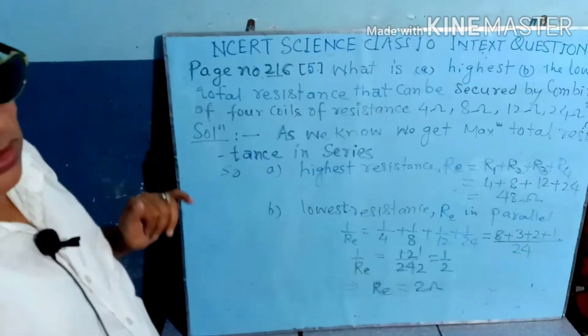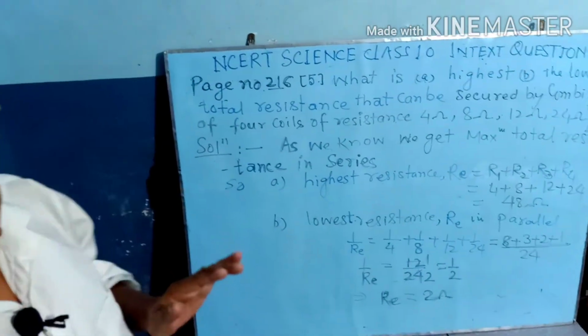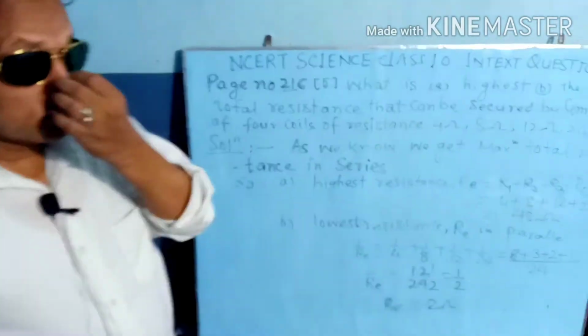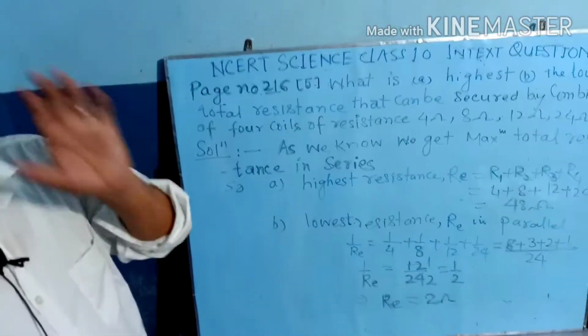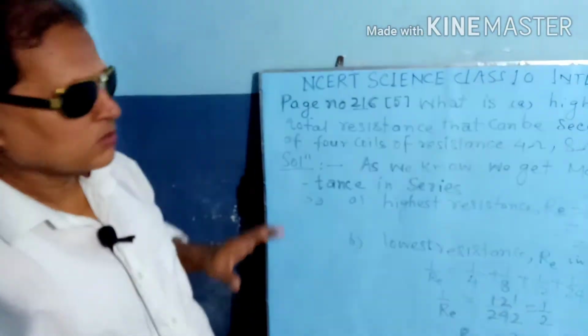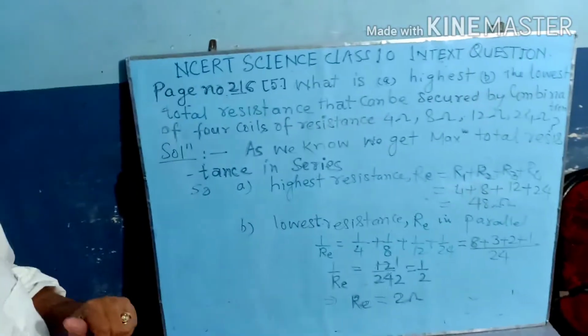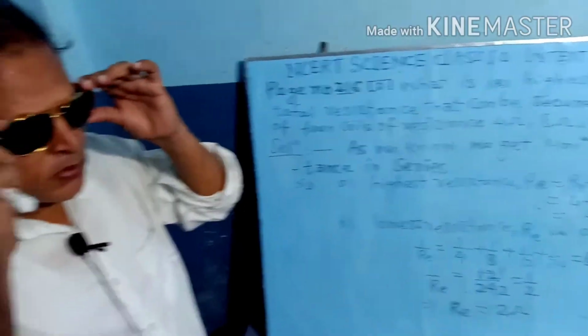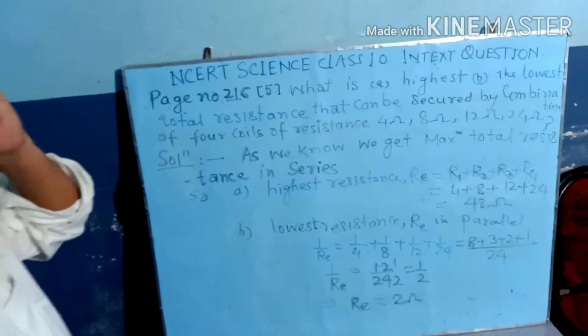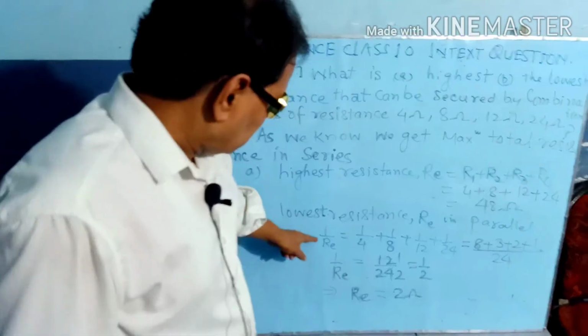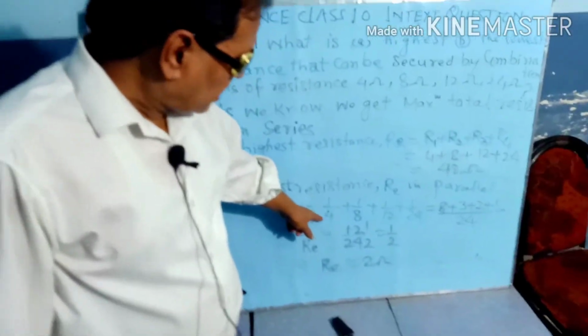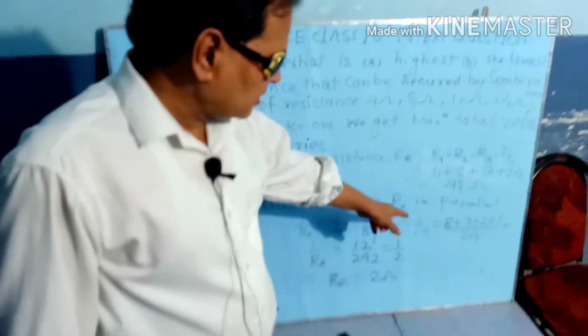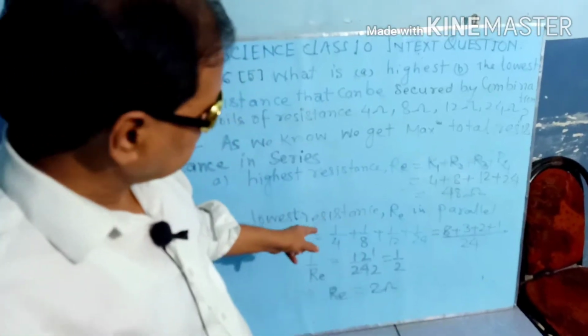We have told you in the theory classes that the lowest total resistance is obtained in parallel combination of resistances. So these 4 resistances will be taken in parallel, then you will get the minimum or lowest value of total resistance Re. That is 1 by Re is equal to 1 by R1 plus 1 by R2 plus 1 by R3 plus 1 by R4.